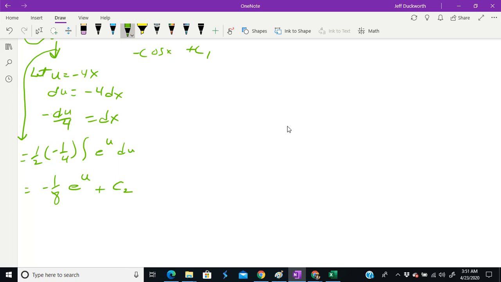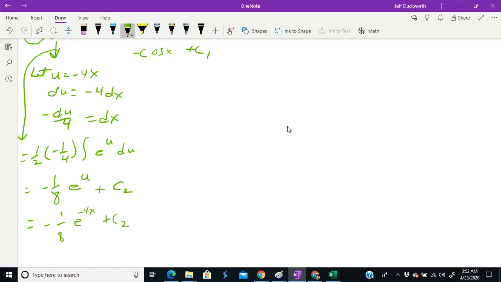Call this one c1. We'll call this one c2. We'll call it c at the end. Some constant totally. Now we have to replace our e to the u here. Or u, I guess, was negative 4x in the first place. What goes back in there?